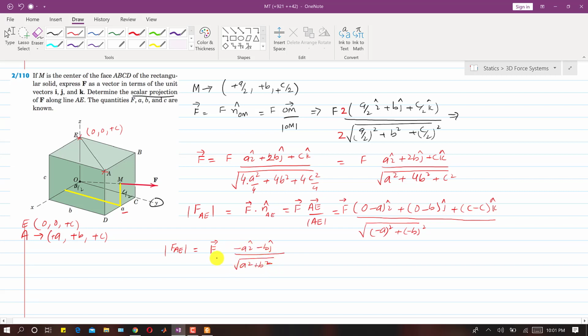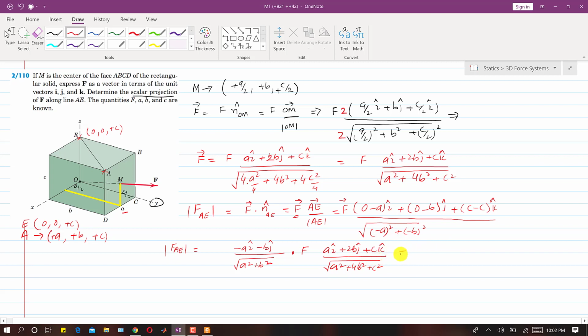right? And now if I remove this F and place its value, that F vector will be multiplied with this F. So this is that F, right? So I will write F into a i plus 2b j plus c k, divided by square root of a square plus 4b square plus c square, right?